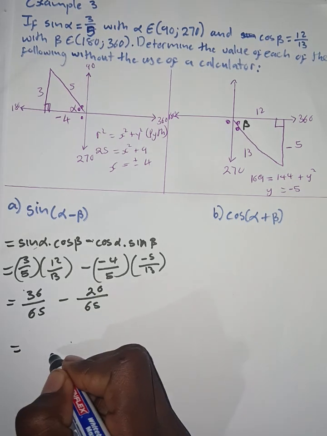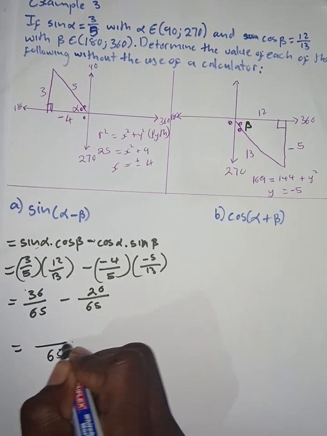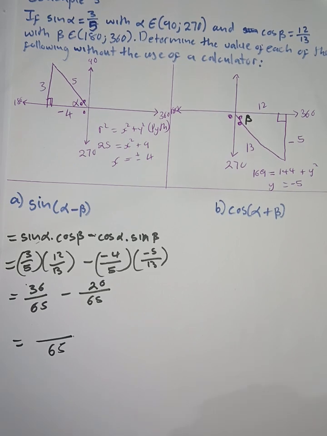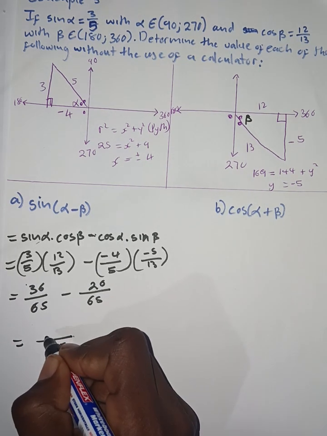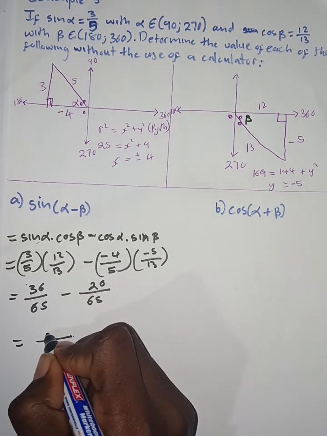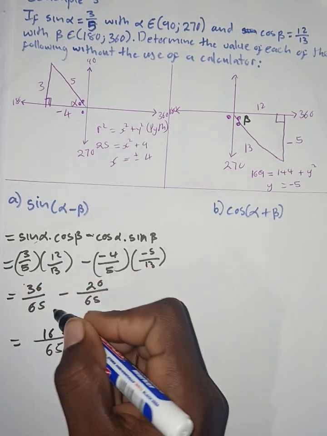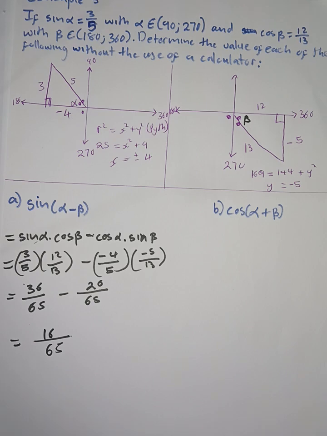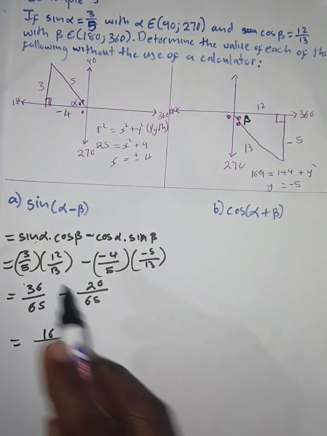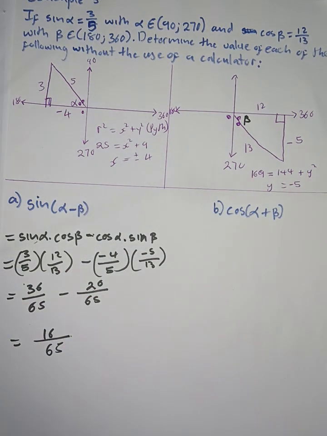If you put those together, you'd have 65 as the denominator, and the numerator would actually be 16, because 36 minus 20 is 16. So this would be the value of sine of alpha minus beta. The first step that we did was to expand that, and then we put the values there and simplify as we go to that answer.